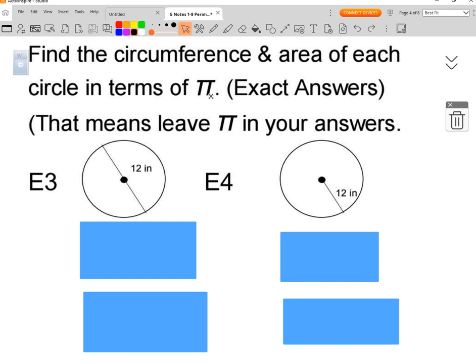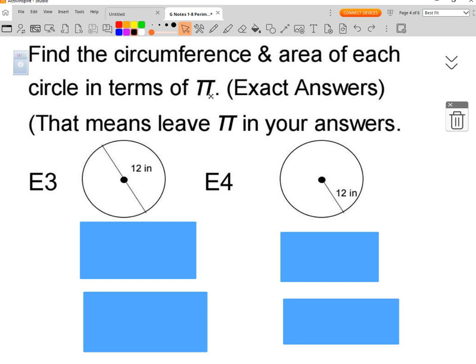The only way to give an exact answer for a computation that you're using pi for is to leave pi in your answer. Now, we do substitute or approximate pi with 3.14 very often. Sometimes, to be a little bit more exact, they may give you a fraction.